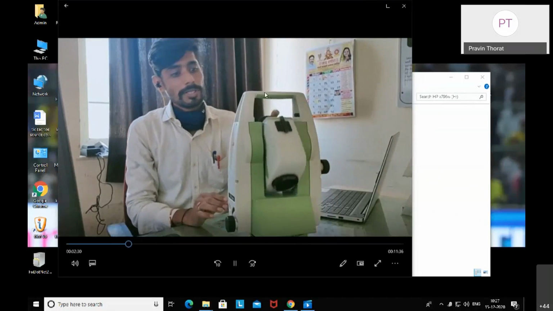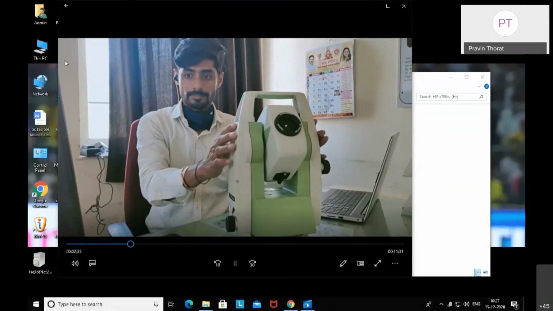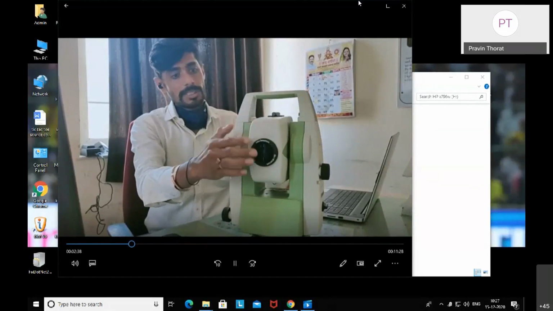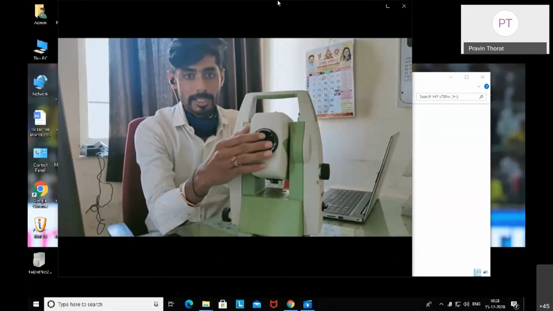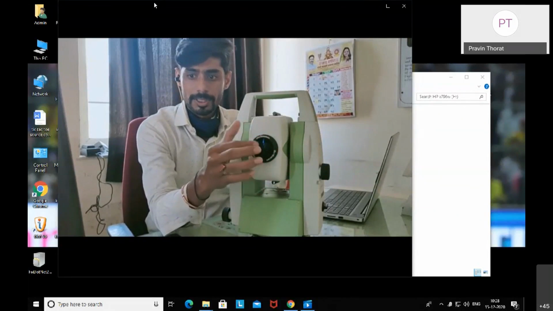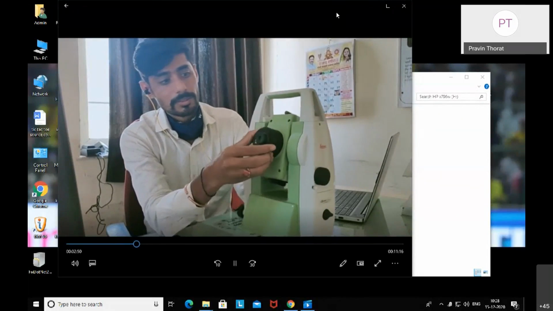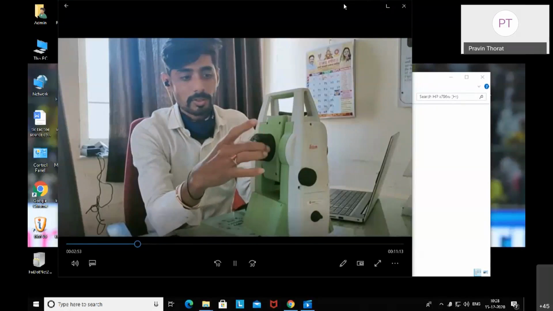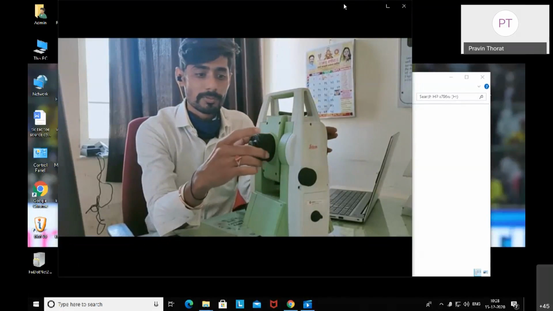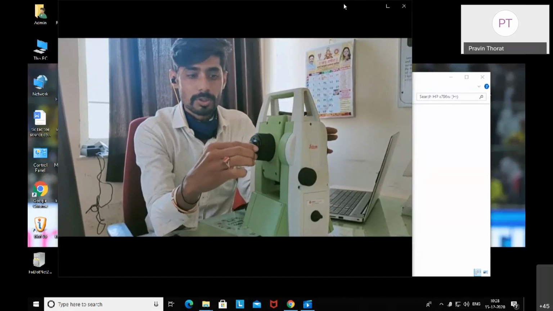Then they provide a telescope here. The telescope has an object glass to see the object. This is the object glass, object lens. Then the eyepiece or ocular. This eyepiece has a focusing knob to focus the object. Then eyepiece adjustment, eyepiece focusing inside or outside to improve the quality of the diaphragm for proper bisecting.